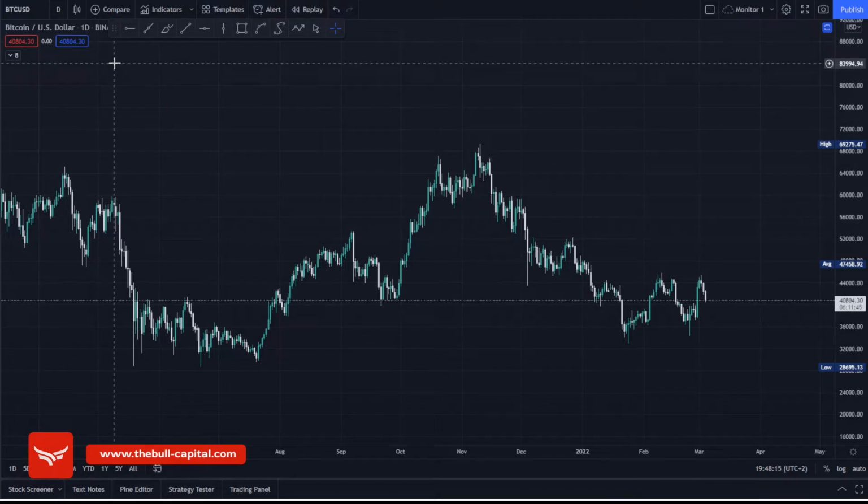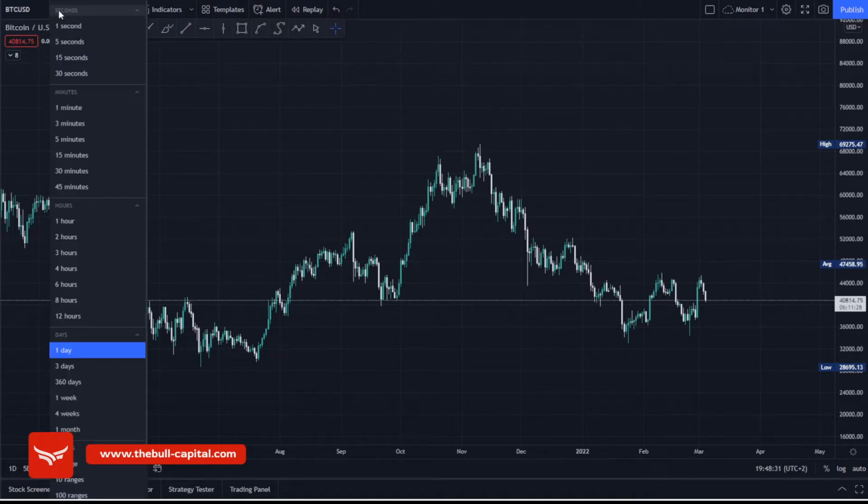So for example, I use TradingView for charting and technical analysis. Here in the upper left corner we have time frames.